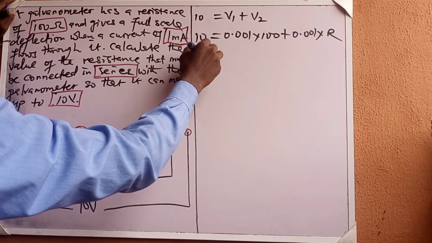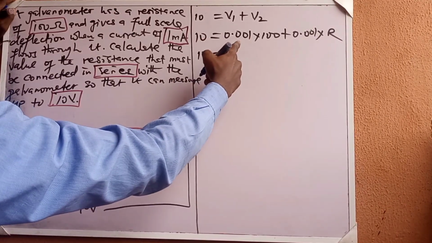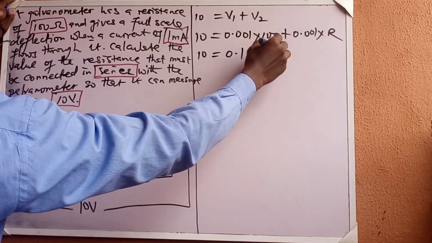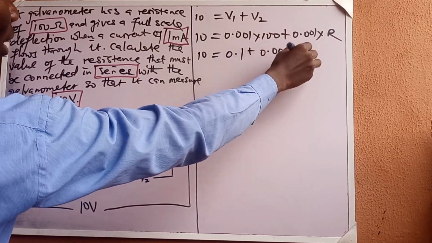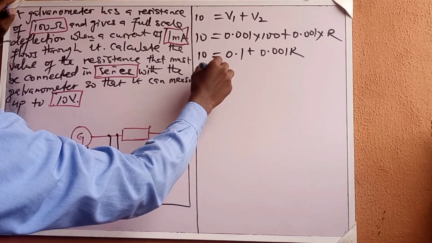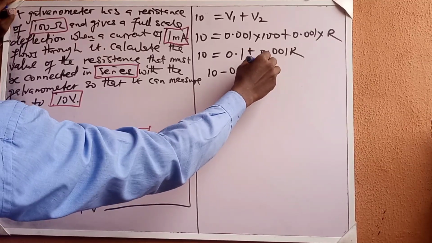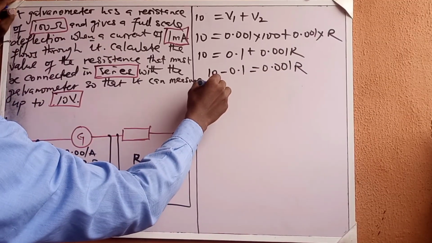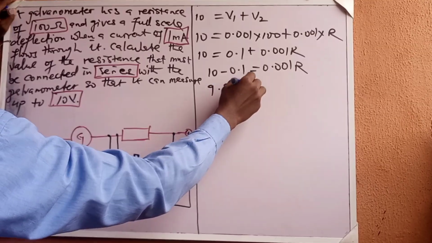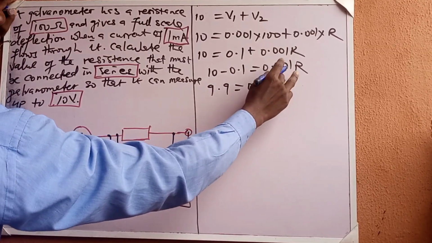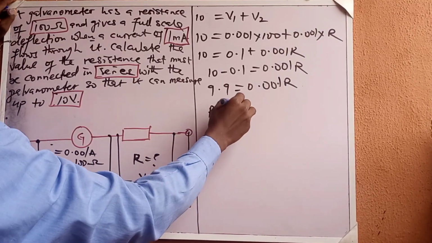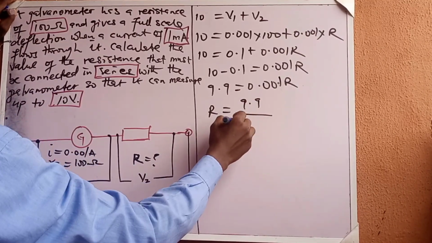So 10 equals, when I do this, 0.1 plus 0.001 R. I'll take this here: 10 minus 0.1 equals 0.001 R. This gives me 9.9 equals 0.001 R. That implies that R is 9.9 divided by 0.001.